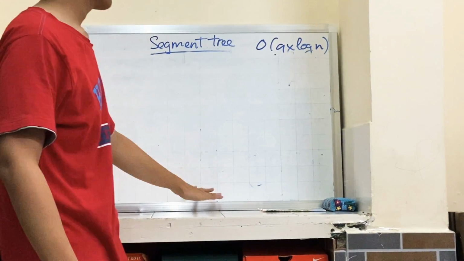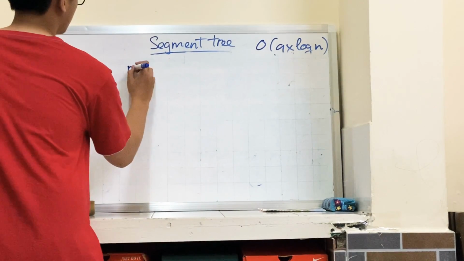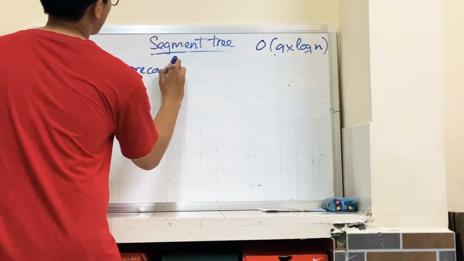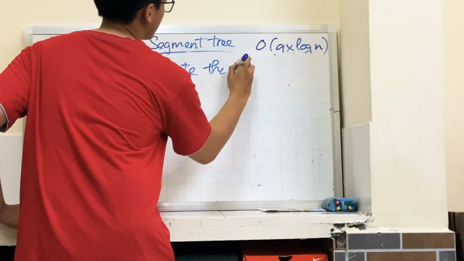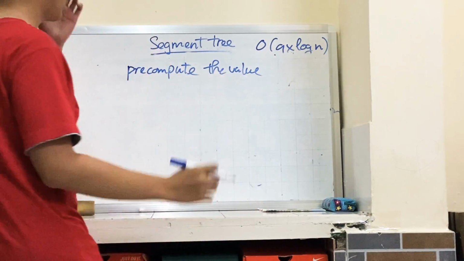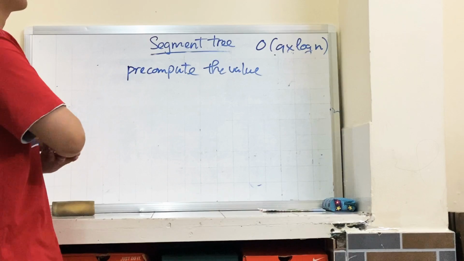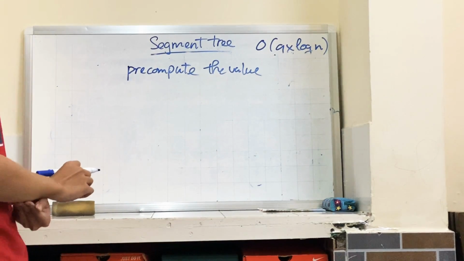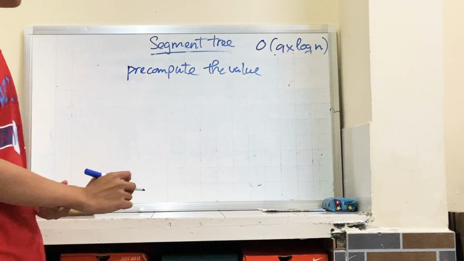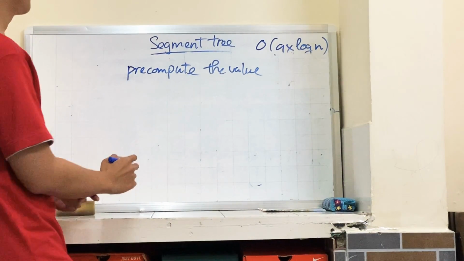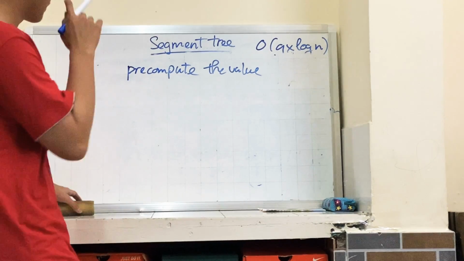Basically the idea of segment tree is to pre-compute the values, and when the program asks for a value, it will return the value easily, instead of recomputing a value that's already computed.